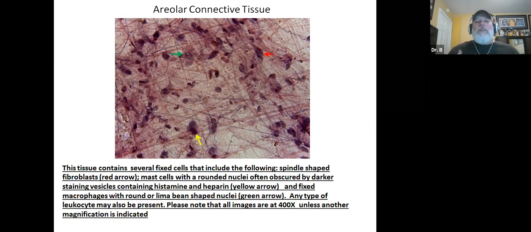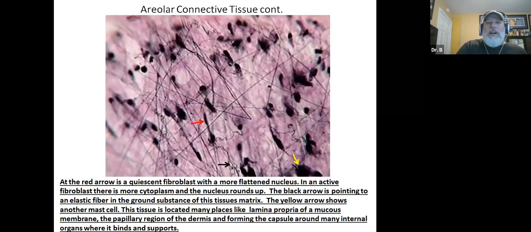That's what's going to allow for nutrients to be able to diffuse through this tissue type. And the fact that the fibers are running in lots of different directions gives it the ability to resist tension and be able to be pulled in lots of directions, which makes it very suited for binding two tissue types together.